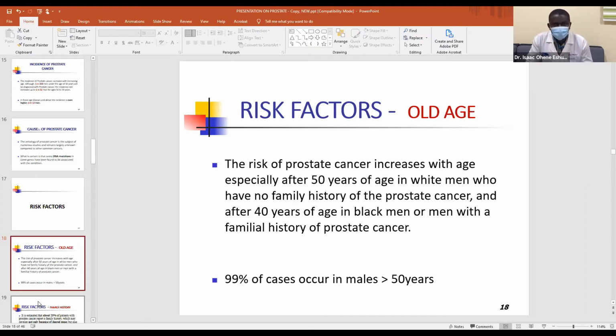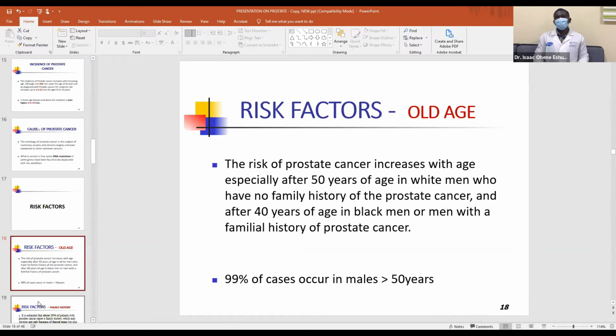Whether you change the age on paper, really the genetic processes will go on. So old age is a non-modifiable risk factor. I think we've spoken about age in part, but if you look at the last bullet, it says 99% of prostate cancer occurs in males greater than age 50.